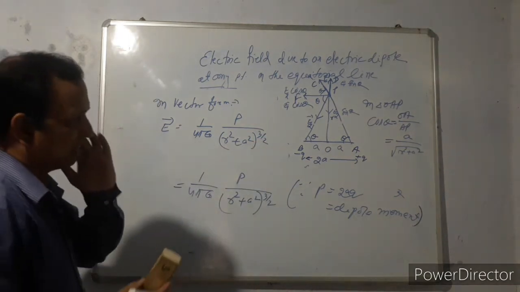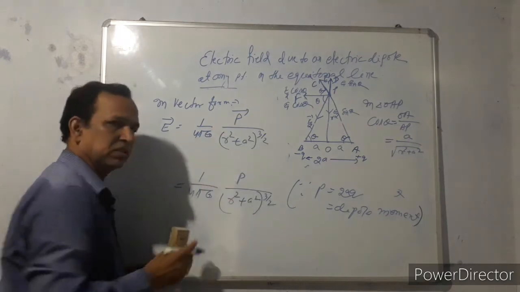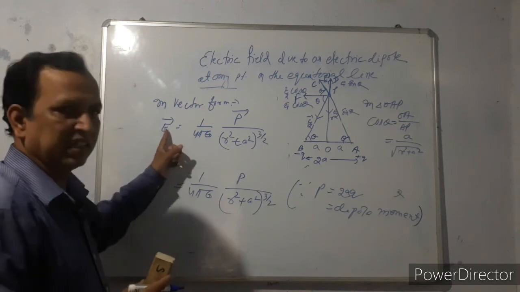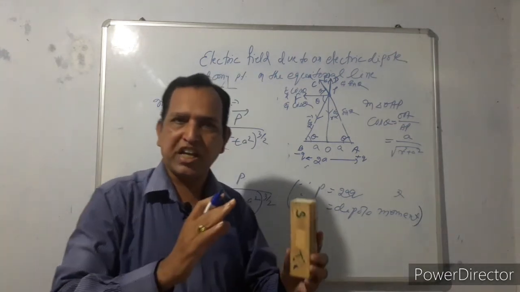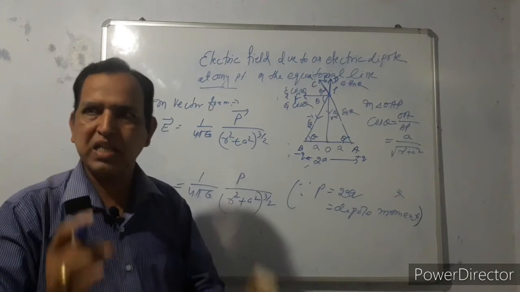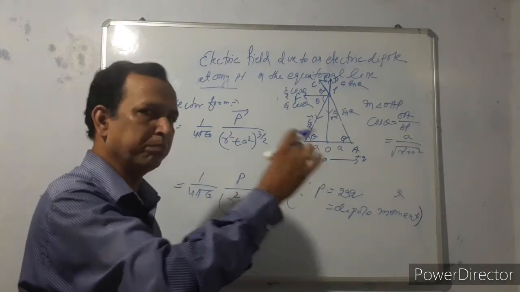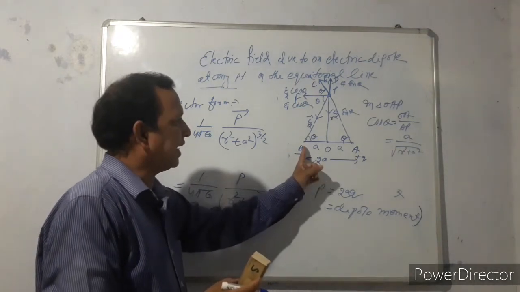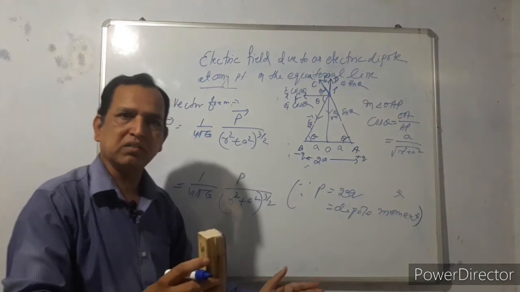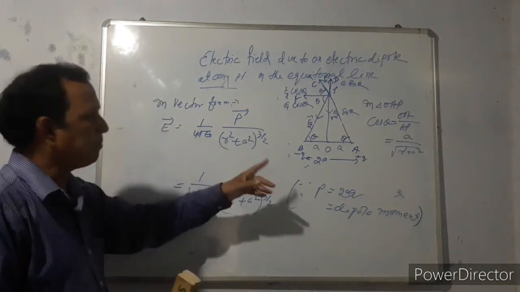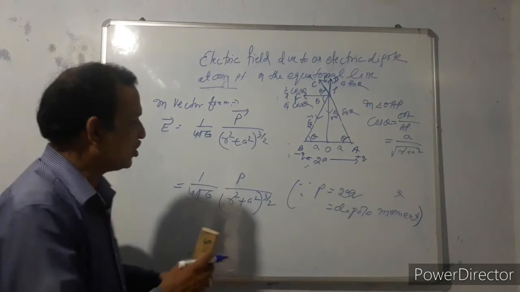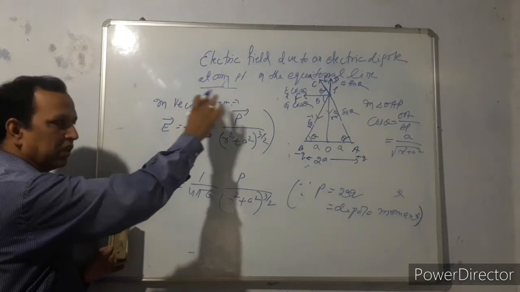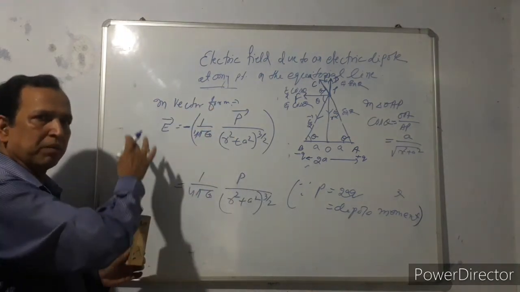As p is a vector, it is a vector quantity. But the direction of the electric field is always from positive to negative, while the dipole moment is directed from negative to positive, opposite to each other. So a minus sign is there for vector notation. This is the vector form.